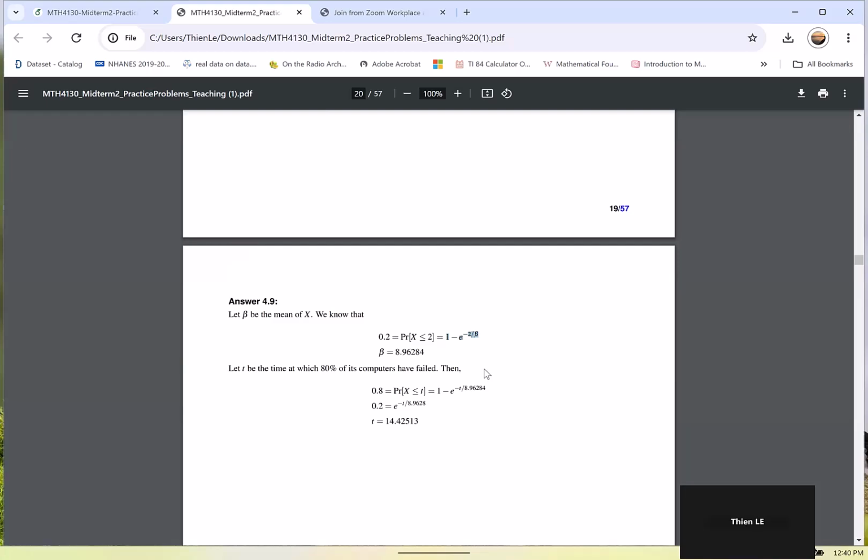And now we know t is the time when 80% fail, right? So basically we have 0.8 equal to the probability x less than or equal to t. And again, because we have an exponential, and we specified our exponential with the mean beta, equal to 8.96, from that you can find t, okay?